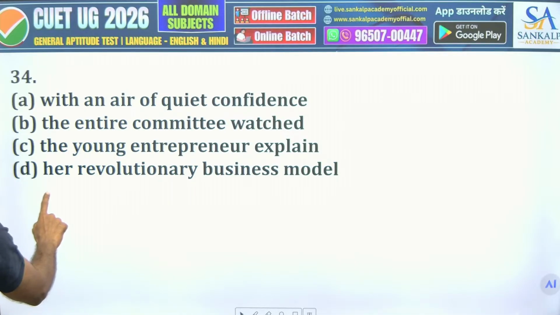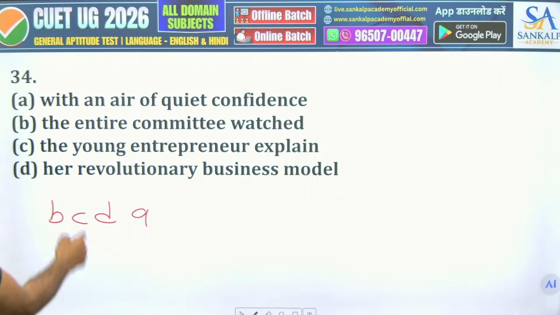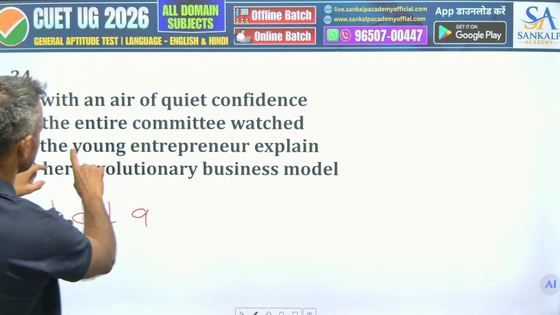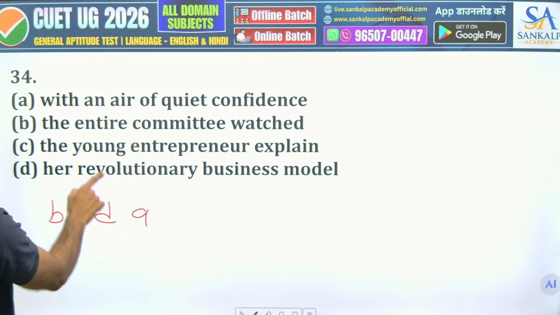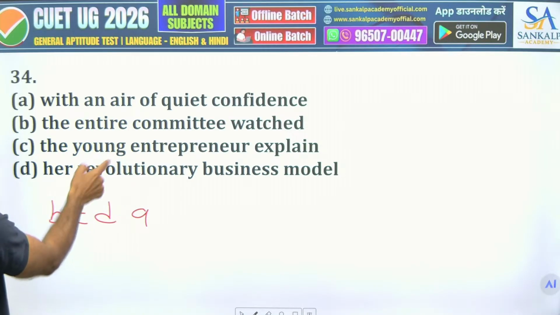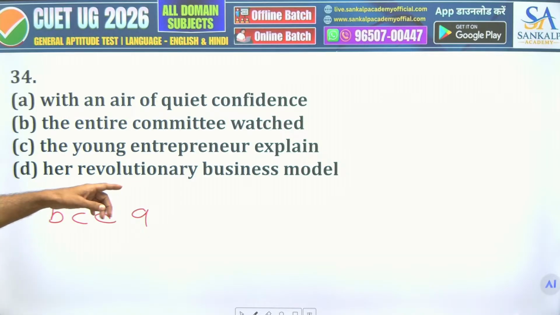Okay, so B, C, D, A. I don't see any kind of connector here that you can fit, but it's about the understanding. The young entrepreneur, her, so that pronoun is coming here. So this part of the sentence will come first, and her revolutionary business model with an air of confidence. This is how she explained. Next.